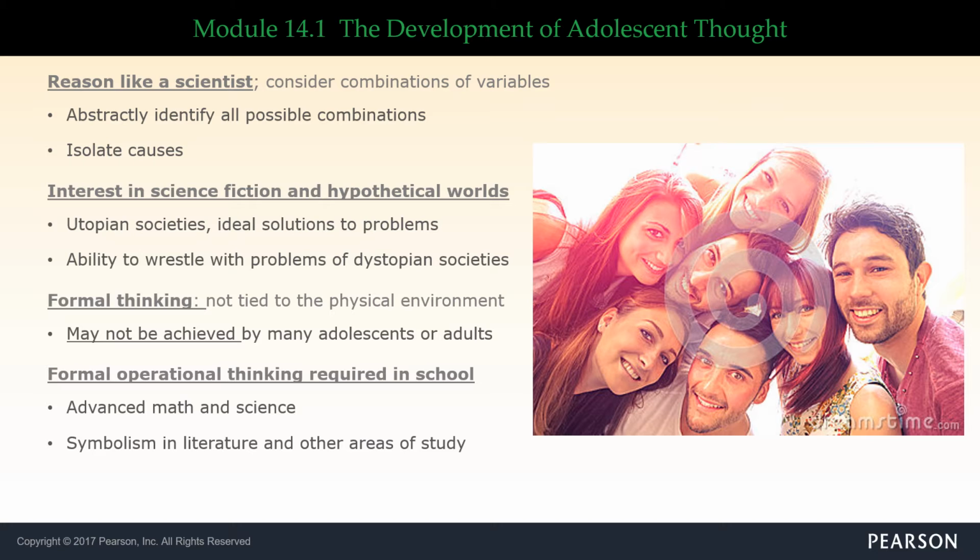It's probably achieved by adults in areas they're really experienced at, but for areas of thinking where they have little experience, it might take time and training to think formally in that area. Formal operational thinking is required in school in order to do advanced math and science work, and in symbolism in literature and other areas of study.